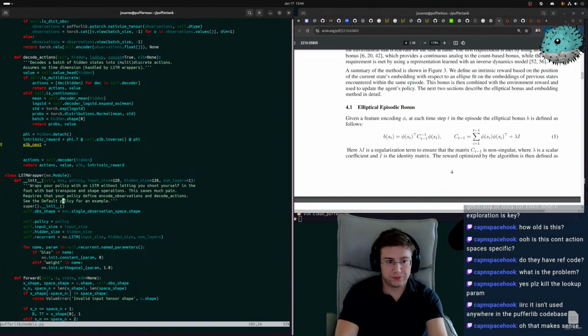Okay, right here, E3B next is going to be 0.95 times E3B at each step T, plus outer phi plus 1.